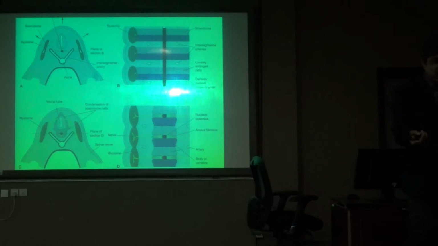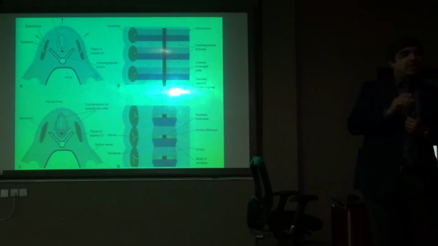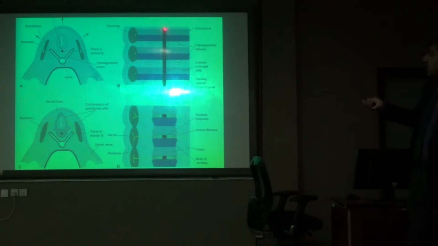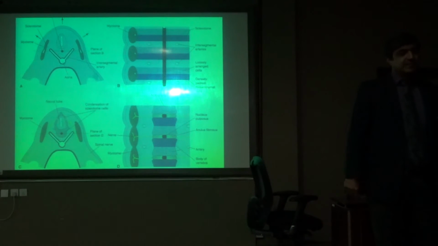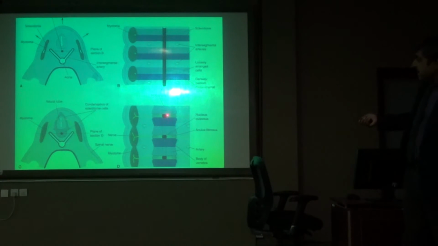We have a bone now. We don't need any support. This notochord degenerates. It completely degenerates, but a small portion remains in the middle of the intervertebral disc. This is the disc.